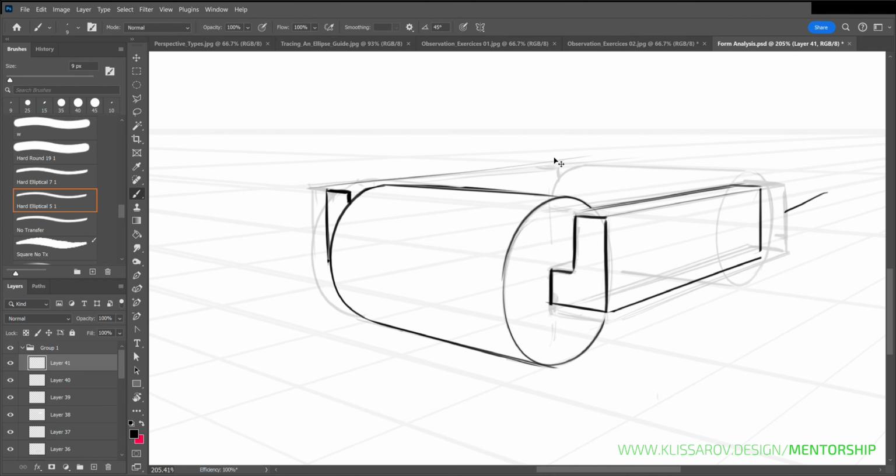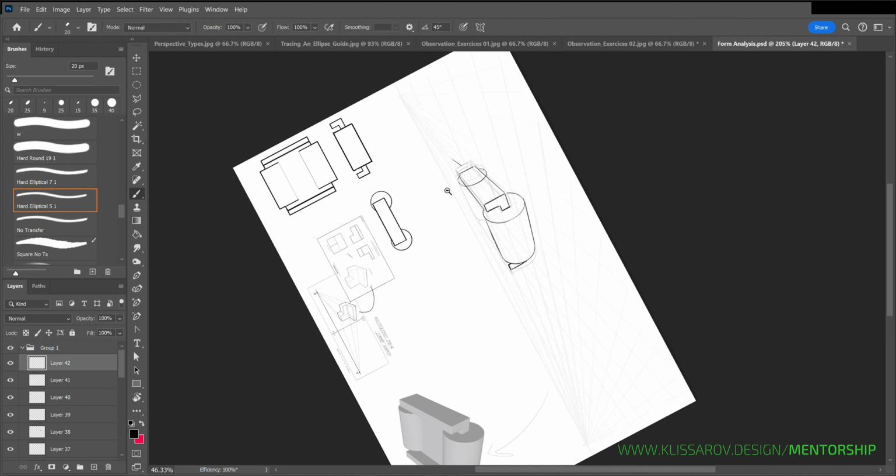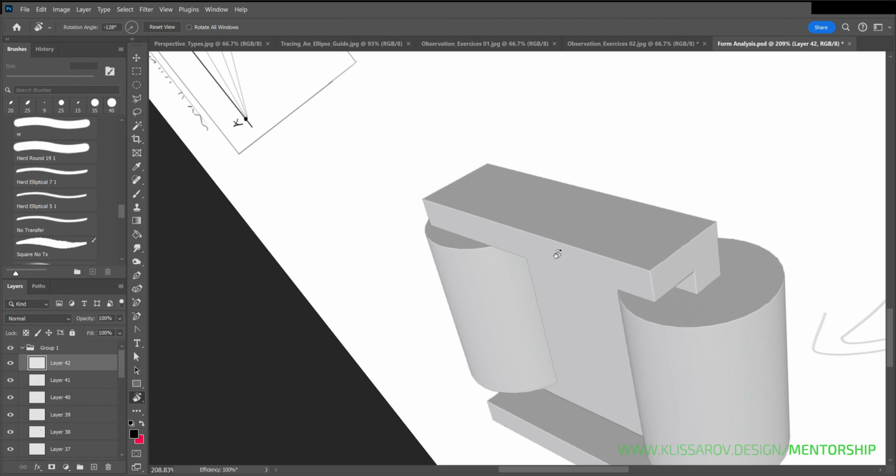So then, of course, the question is, all this cylinder here needs to move this way a little bit because we have reduced the distance that we had here. So to do that, we need to reconstruct the proper cube here in the right location with the proper space and everything, and actually recreate the, how do you call it, the ellipse.